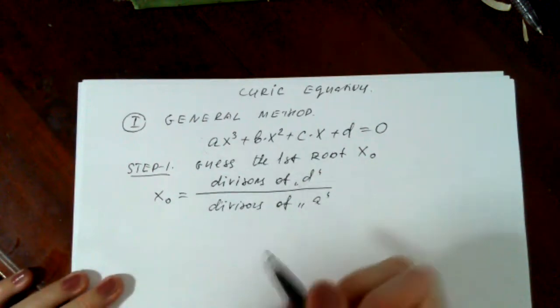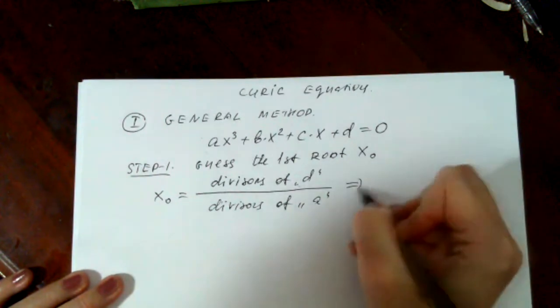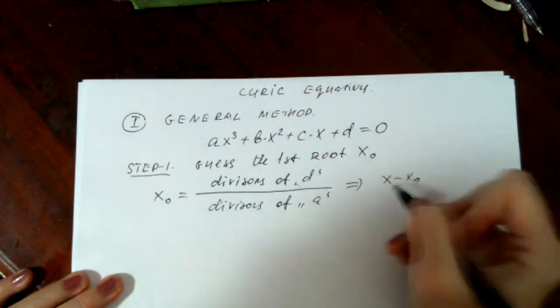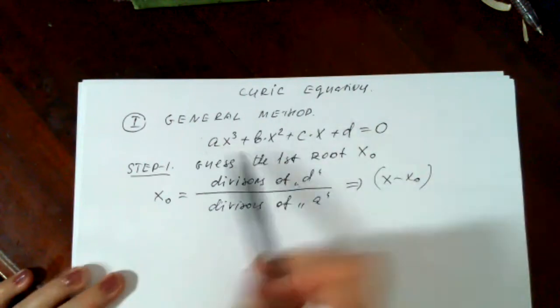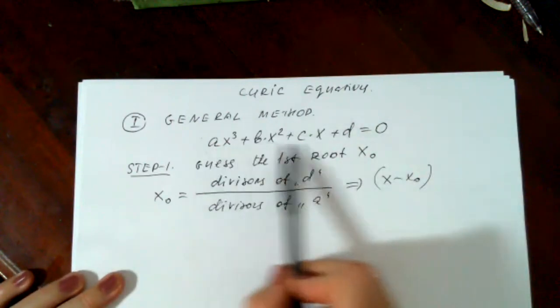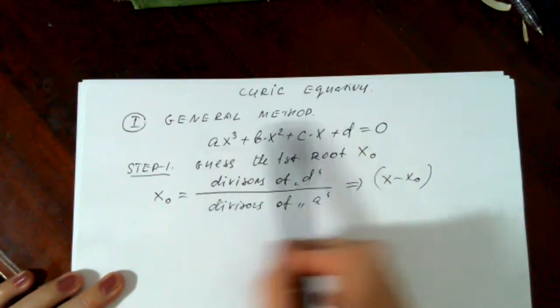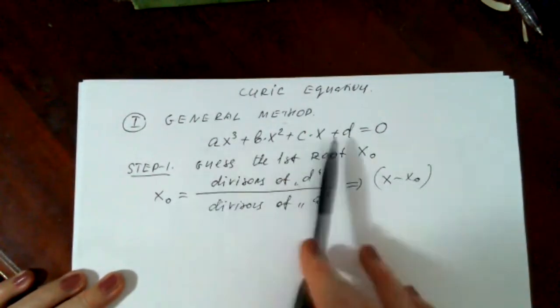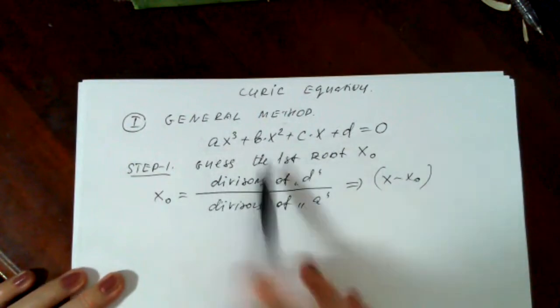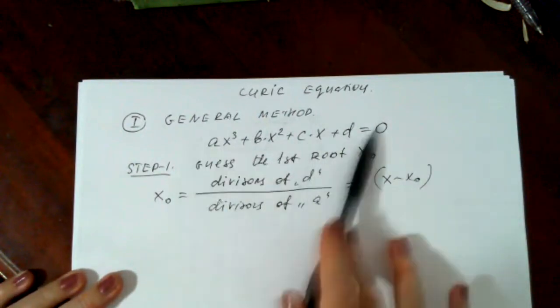What does it give you? So you guessed the root. It means that you guessed this term in the factorization of the left-hand side of the cubic equation. If we were able to factorize the left-hand side of this equation, we wouldn't need any algorithms at all. We could see the roots immediately. But the problem is that, let's pretend, this is quite a difficult equation.